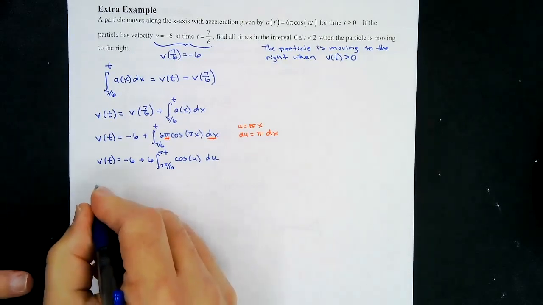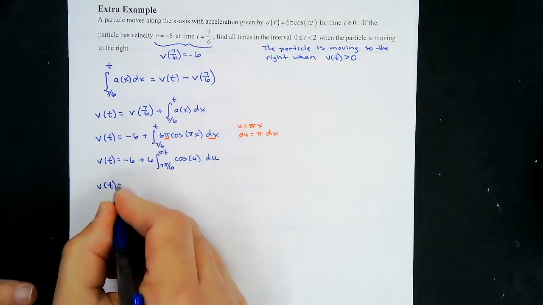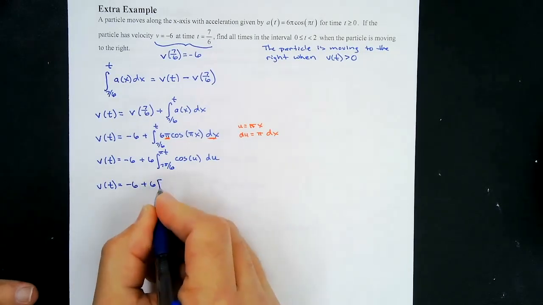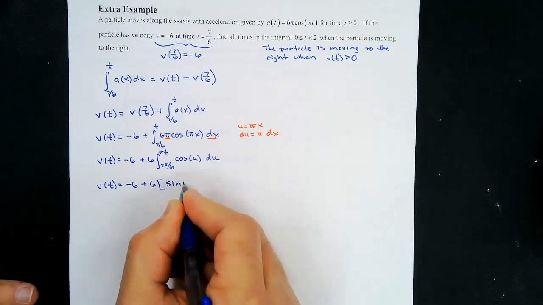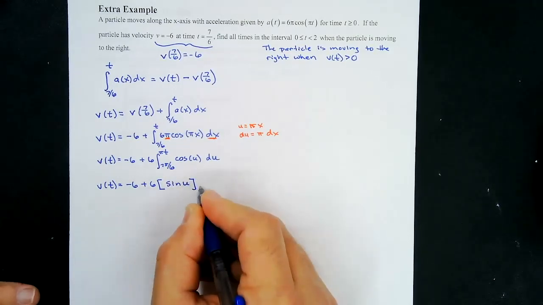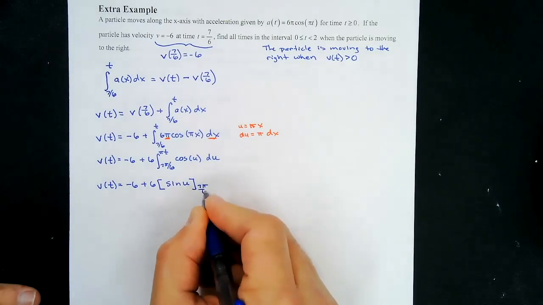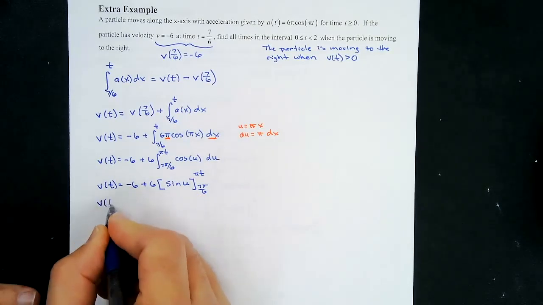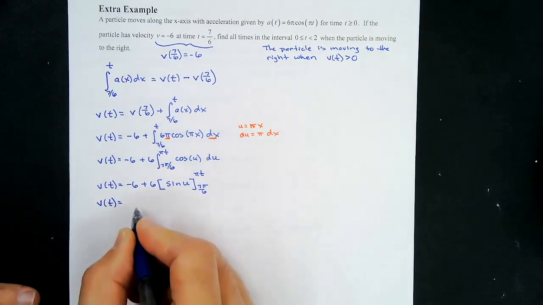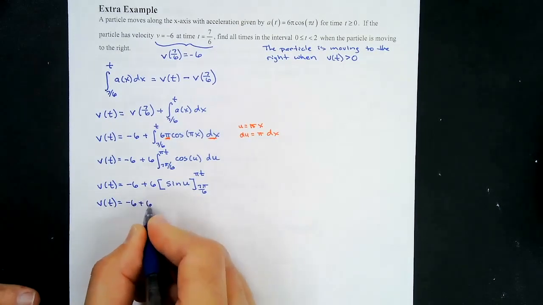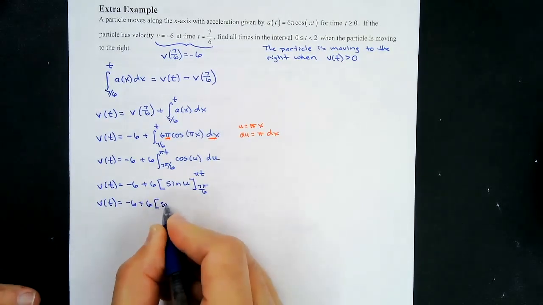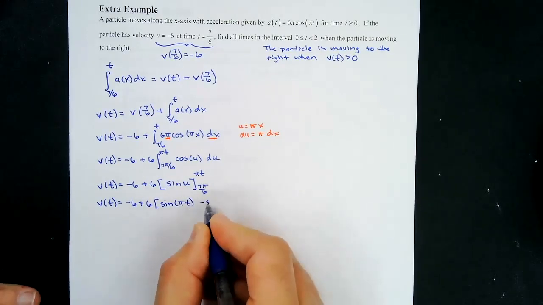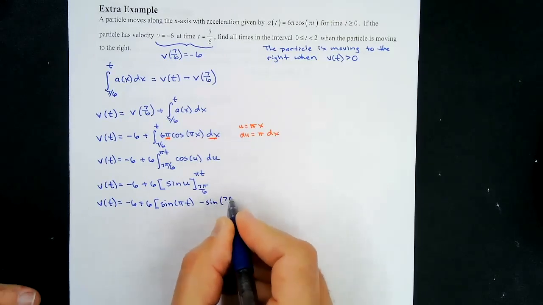So that means this is v of t is equal to -6 plus 6 times sine of u evaluated from 7 pi over 6 to pi t. So that makes v of t equal to -6 plus 6 times sine of pi t minus sine of 7 pi over 6.